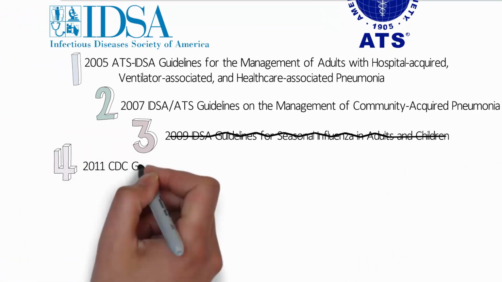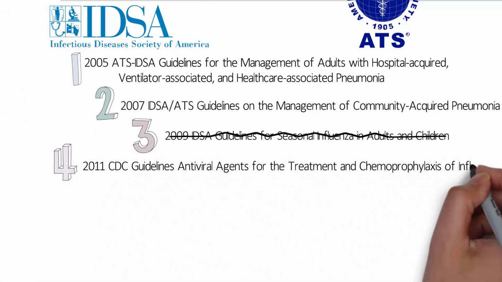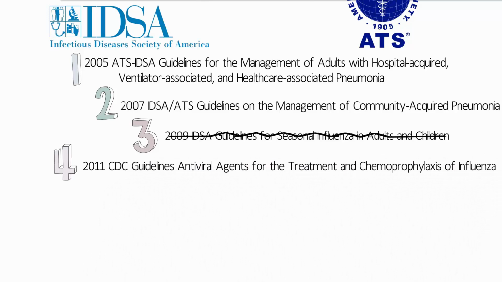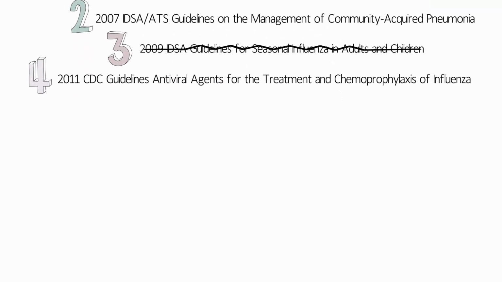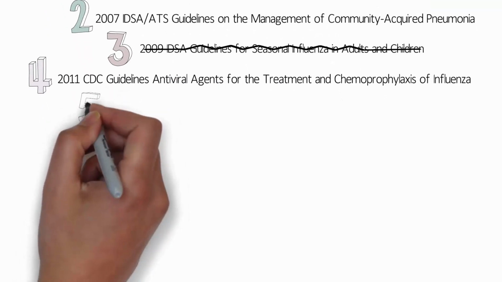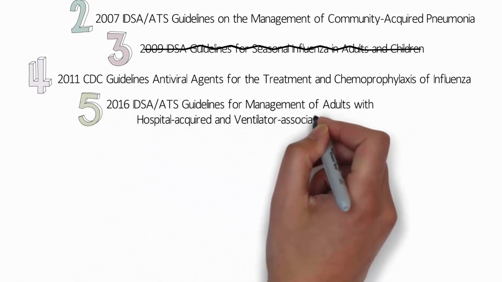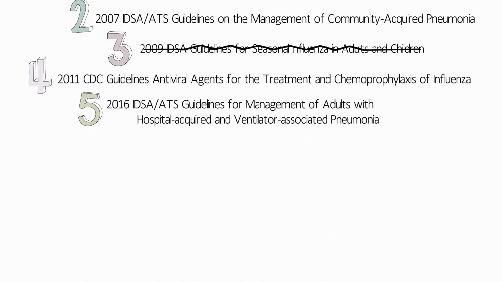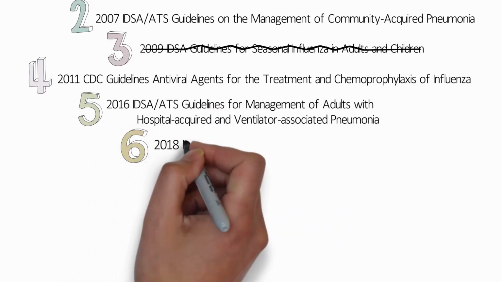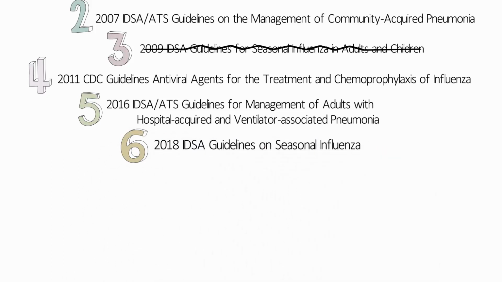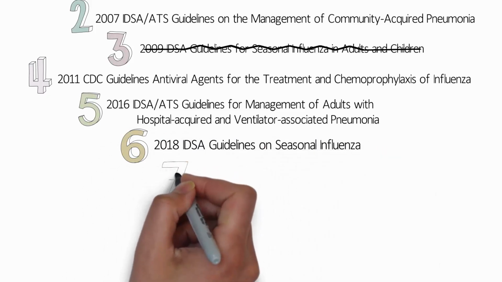Instead, we use the 2011 CDC guidelines for antiviral agents for the treatment and chemoprophylaxis of influenza. There's also the 2016 IDSA/ATS guidelines for management of adults with hospital-acquired and ventilator-associated pneumonia. There is also the 2018 IDSA guidelines on seasonal influenza that was recently published.